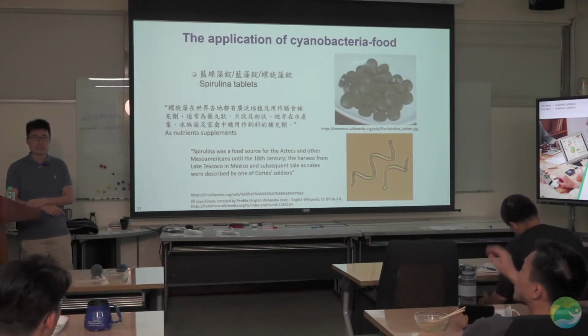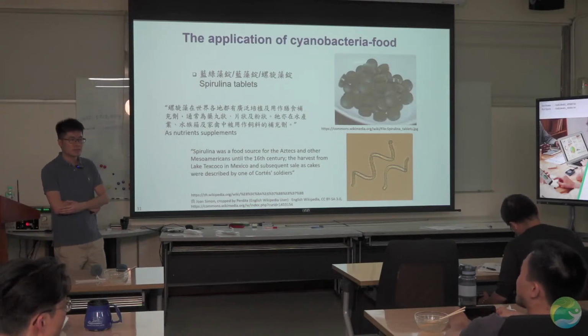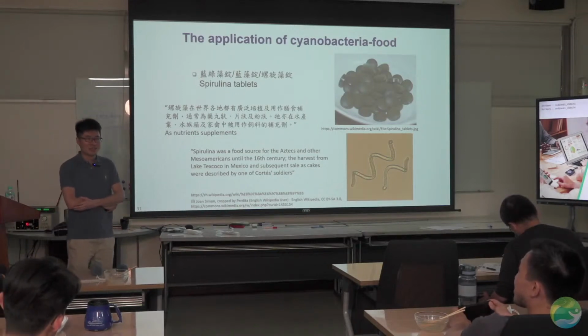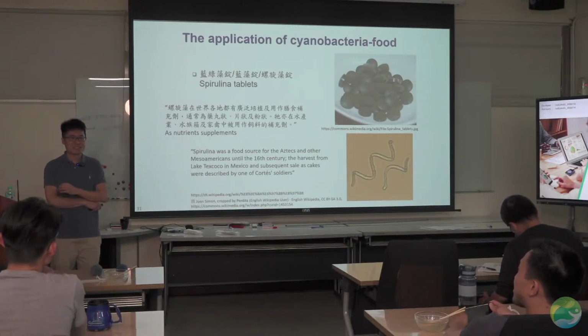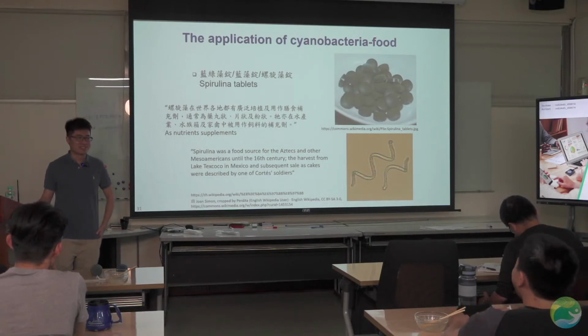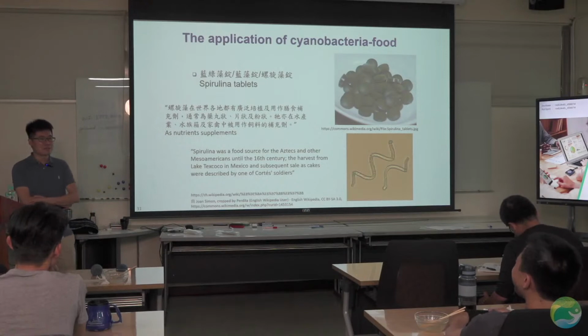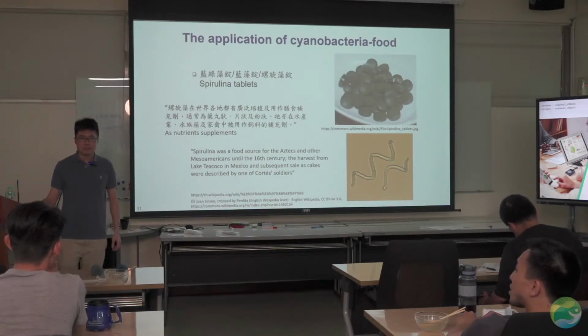Cyanobacteria can only do oxygenic photosynthesis. They cannot do non-oxygenic photosynthesis. That's a good point. Actually, nowadays, some people find some special cyanobacteria that can do anoxygenic photosynthesis, but they don't do anoxygenic and oxygenic at the same time.